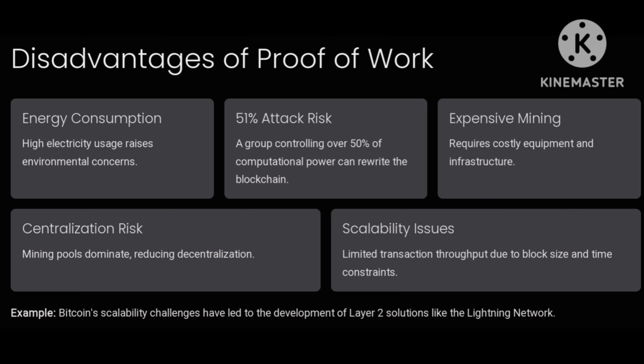Specialized hardware and infrastructure are required. 4. Centralization risk. Mining pools dominate the system, reducing decentralization. 5. Scalability issues. Low transaction throughput limits its use for large-scale systems. Example: Bitcoin's scalability challenges led to solutions like the Lightning Network for faster transactions.